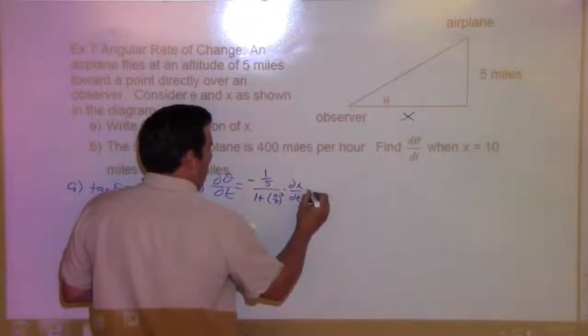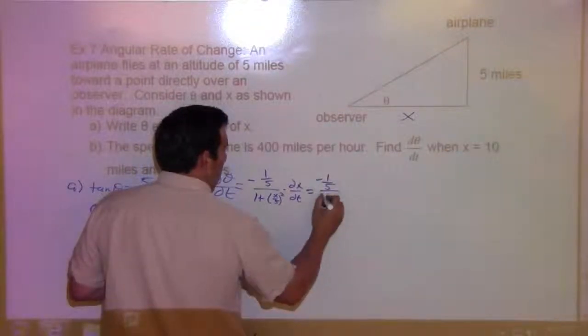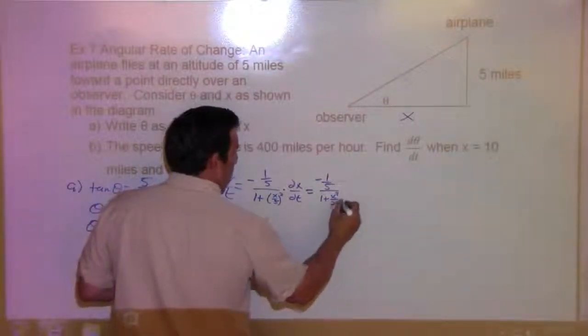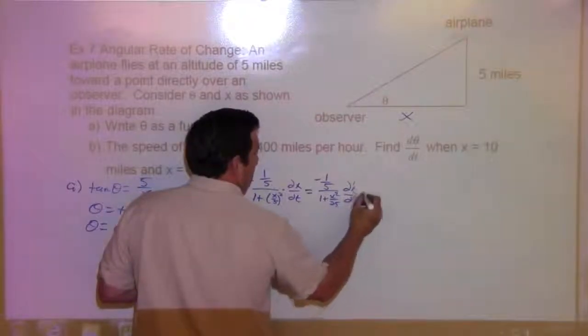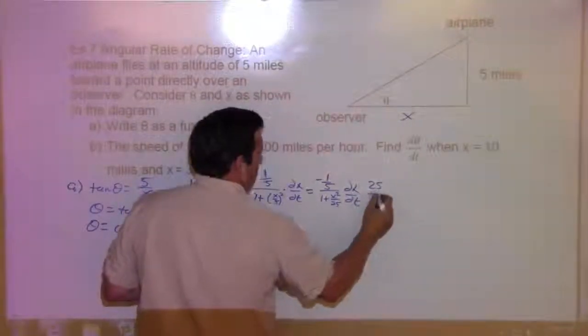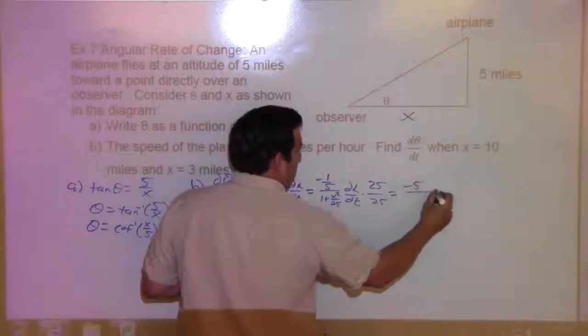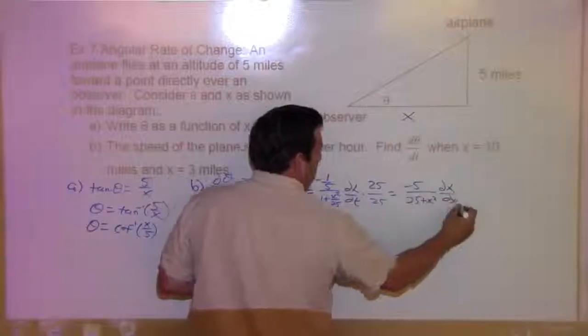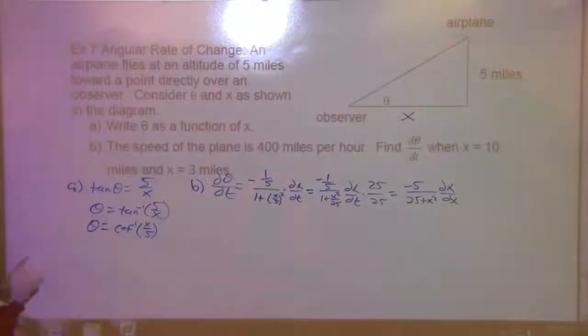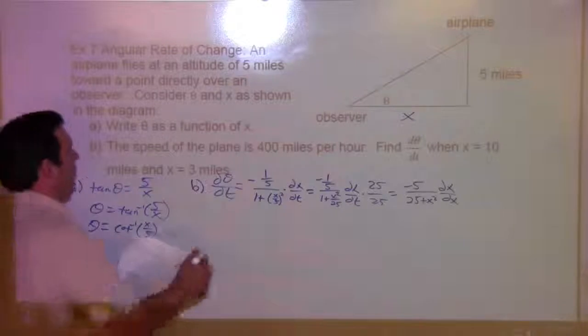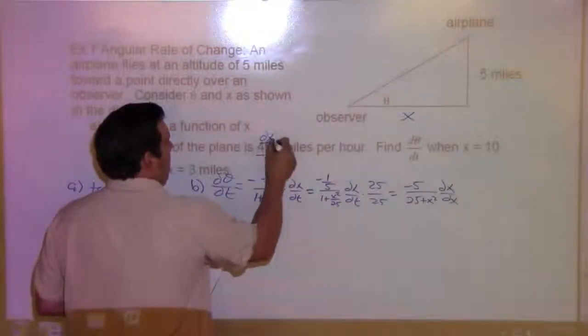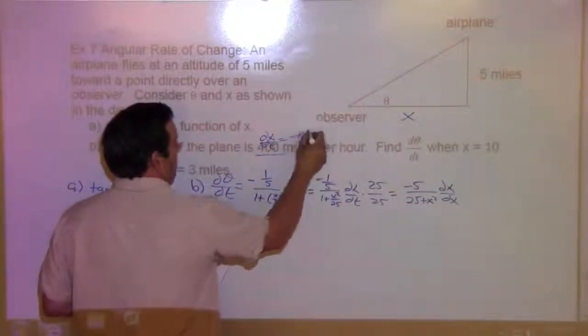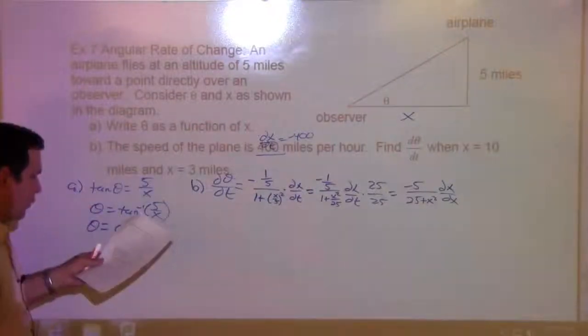So that's going to be negative 1 over 5 over 1 plus x squared over 25 times dx dt. I'm going to multiply top and bottom by 25. And that'll give us negative 5 over 25 plus x squared times dx dt. It says the plane is going 400 miles per hour, so our dx dt is going to be negative 400 because it's coming toward this person.